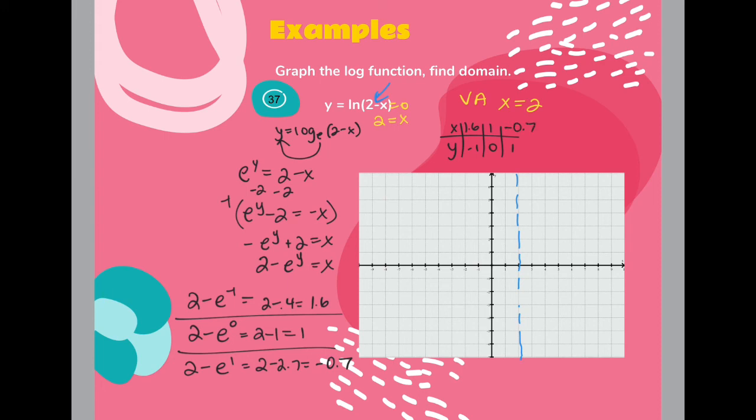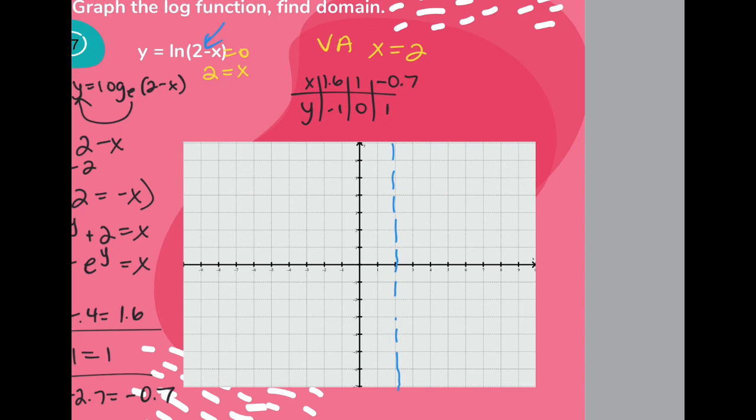Go to plot these points, you get 1.6 and -1, 1, 0, and -0.7, 1. So instead of my curve pointing up to the right like it should, there's a flip on my x because the x gets the negative, which means my graph is going to turn and face that way.